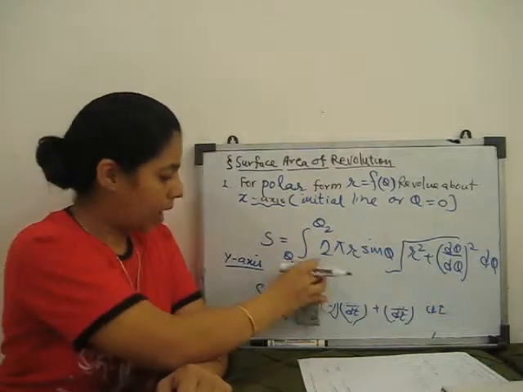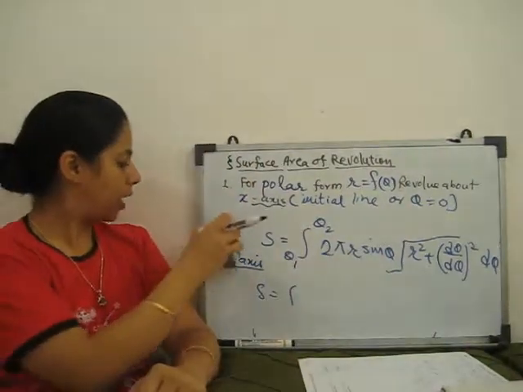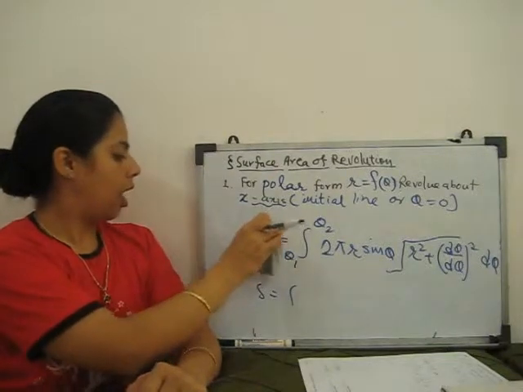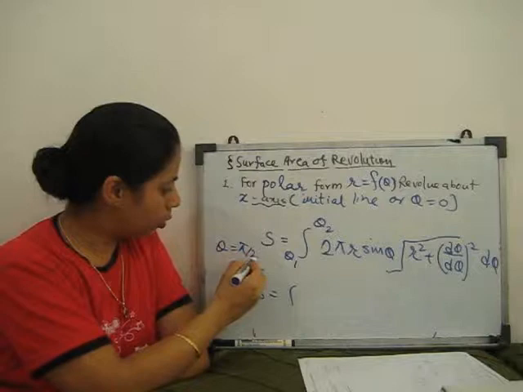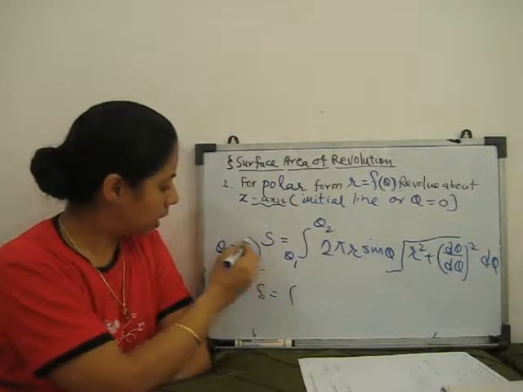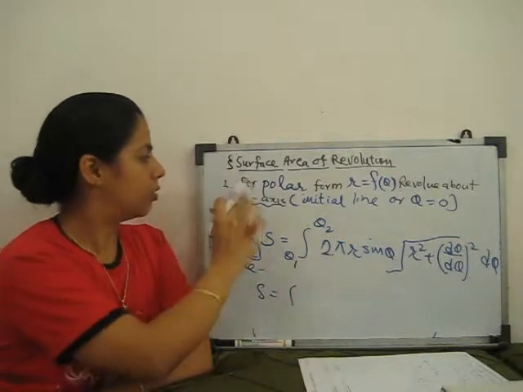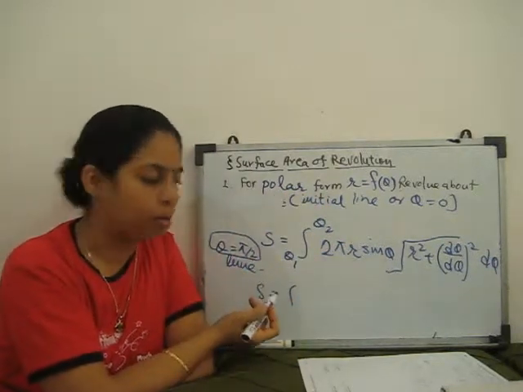Similarly, if the curve revolves about the theta is equal to pi by 2 line, in this case we don't say y-axis. This is the initial line, and this is the theta is equal to pi by 2 line.